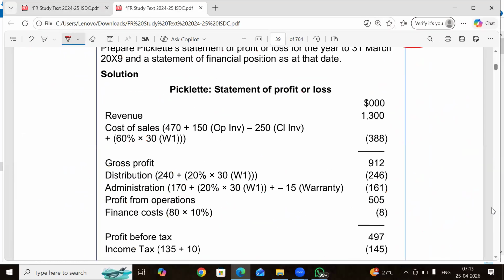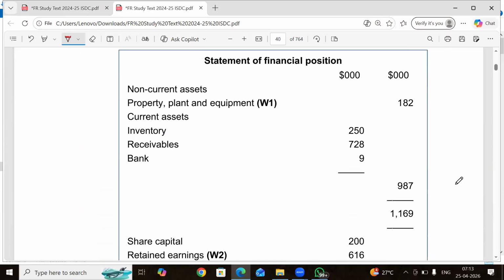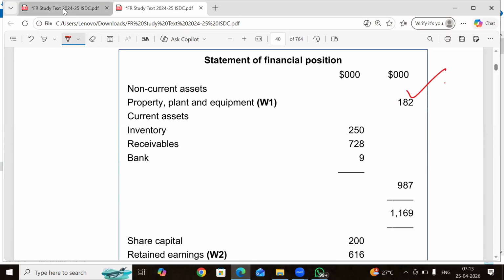Okay, we'll make the balance sheet directly. So non-current assets we calculated, you remember 182 was the total balance.